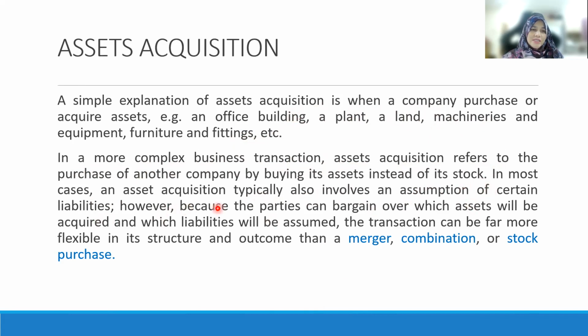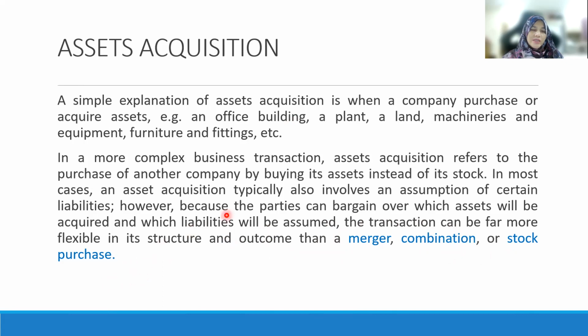In most cases, asset acquisition typically also involves assumption of certain liabilities. However, because the parties can bargain over which assets will be acquired and which liabilities will be assumed, the transaction can be far more flexible in its structure and outcome than a merger, combination, or stock purchase.